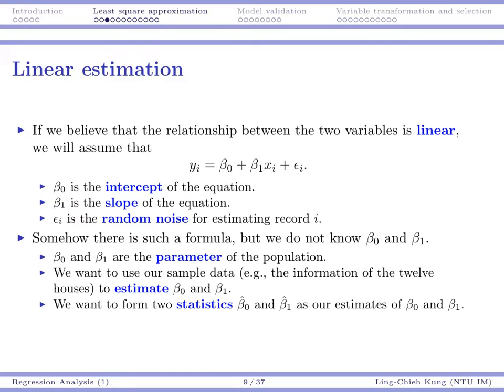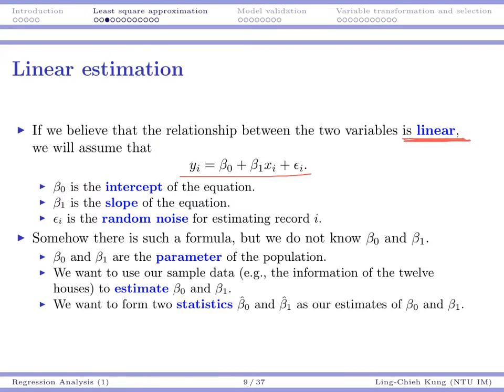When we say I want to identify a line, that means I am assuming that the relationship between the two variables is linear. If I believe that the relationship is linear, then we are assuming that we have this formula: yi, the price of a house, is determined by a linear function of the size.